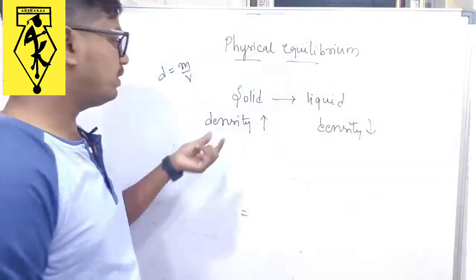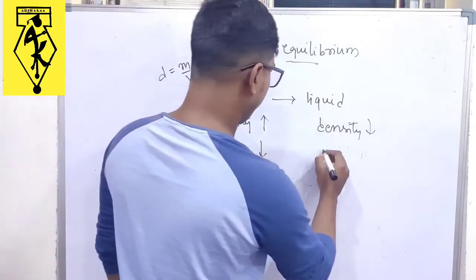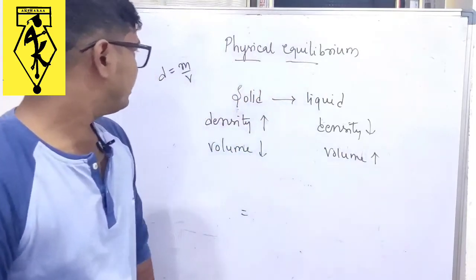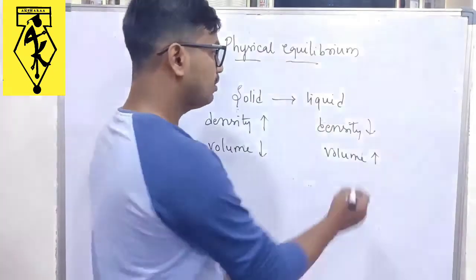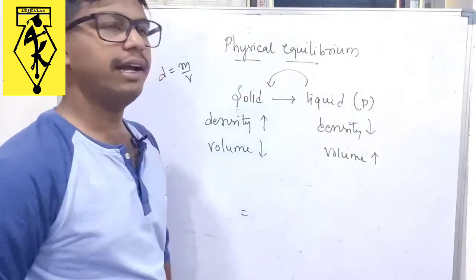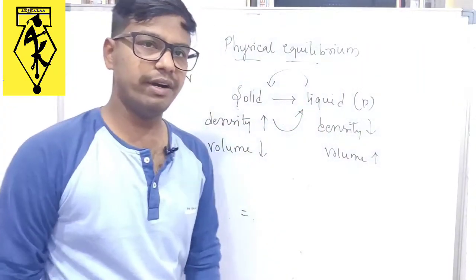So what about the volume of the solid? Volume is less, but the volume of the liquid will be more. So if we increase the pressure on liquid, the liquid is converted into solid. And if you decrease the pressure on solid, it will convert into liquid and vice versa.